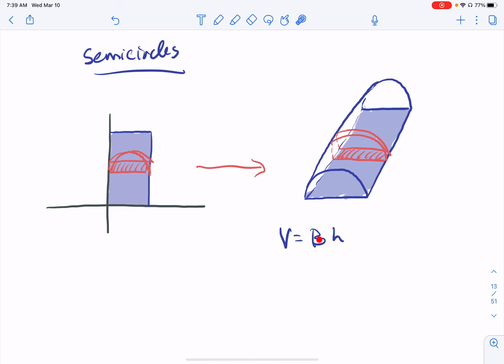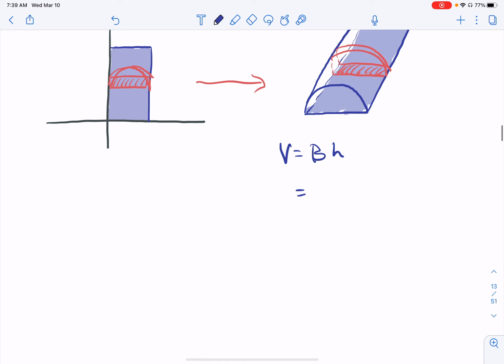The area of B this time is half of a circle, 1/2 pi r squared, or pi over 2 times your radius squared, times your height. Again, it's like a square that's being scaled by something.